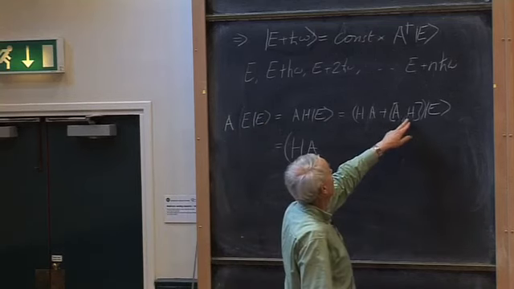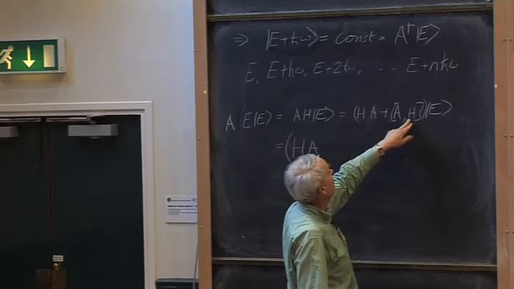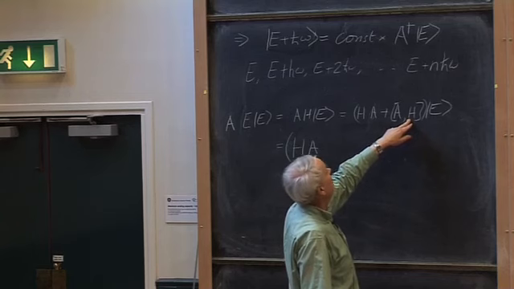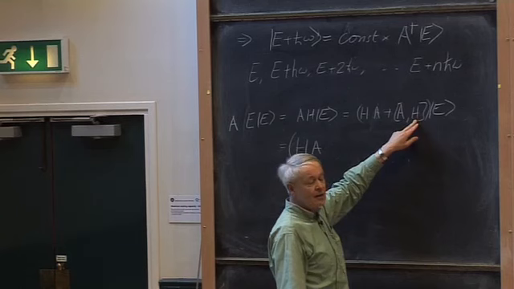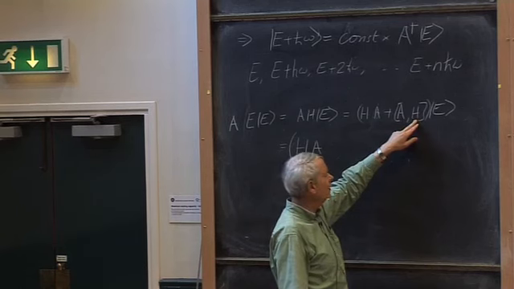Now, we replace that H as advertised up there by A dagger A plus a half h bar omega. We can forget about the half because we're inside a commutator and a half commutes with everything.